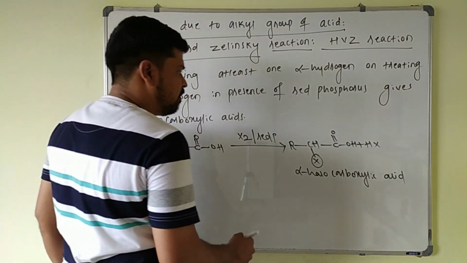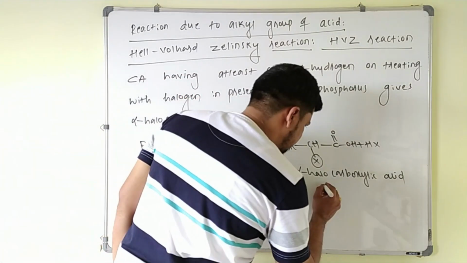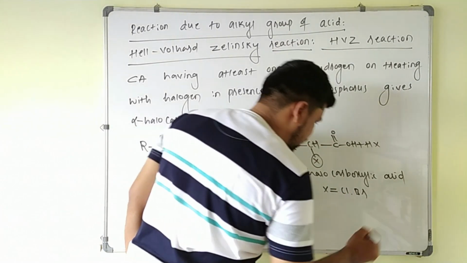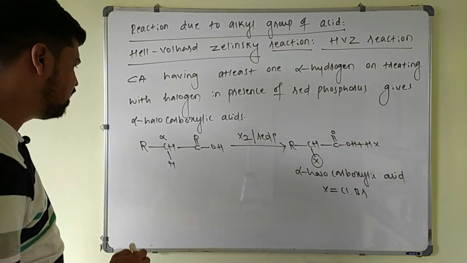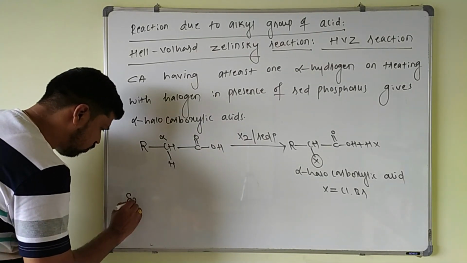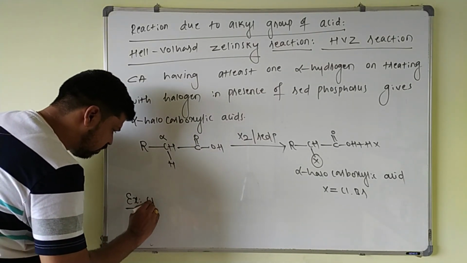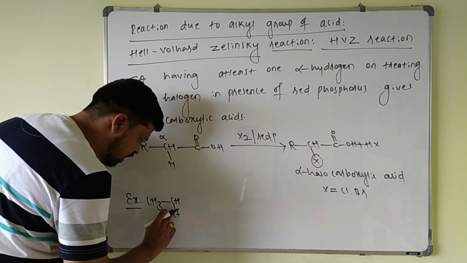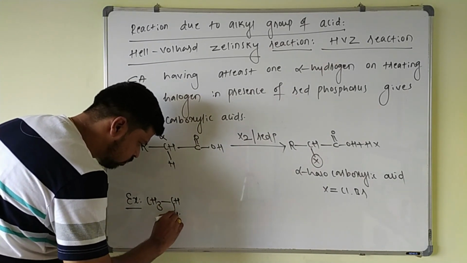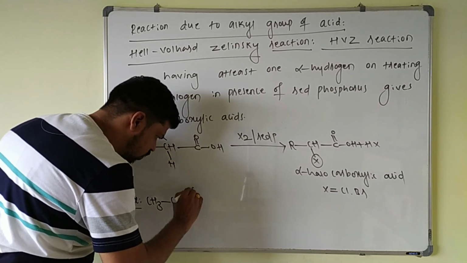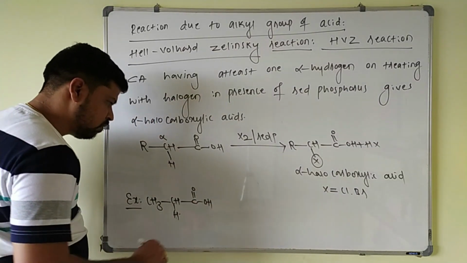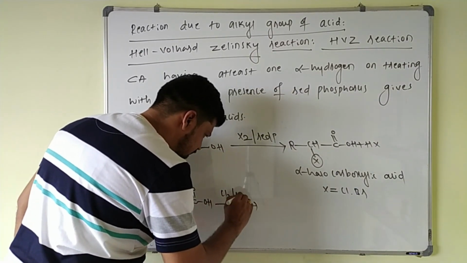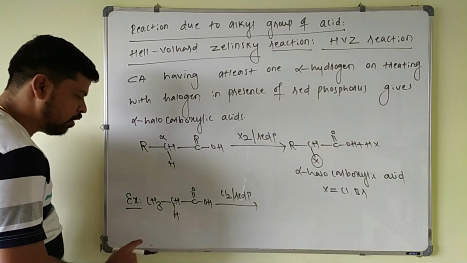Here one thing you keep in mind, X will be equal to chlorine or bromine. Only two are possible here, chlorine or bromine. For example, if I take CH3CH2COOH, this on treating with chlorine in presence of red phosphorus, what will be your product here?